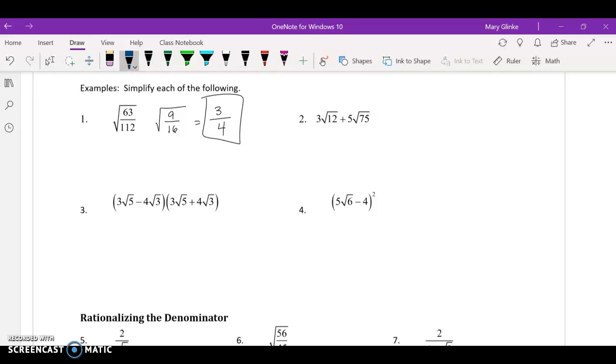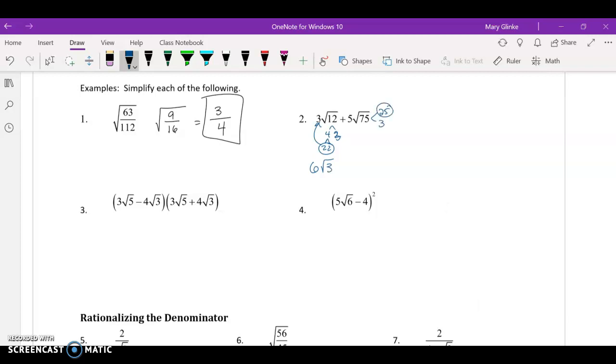For number 2, we're going to try to combine these together. We cannot add them together right now. Instead, what we have to do is simplify them first. So we're going to pull out number pairs. When there's something out in front, you're going to multiply those. So 3 root 12 becomes 6 root 3. And for the 75, you can also think of it this way.